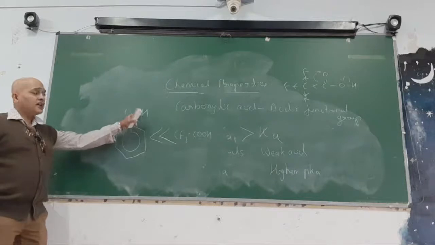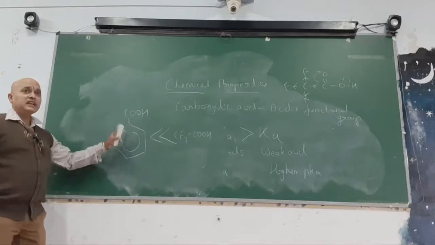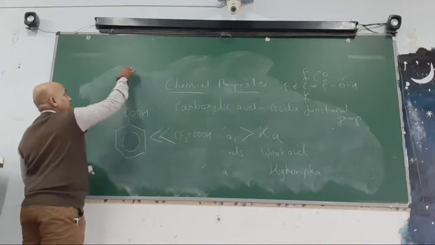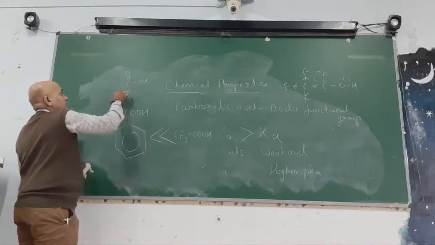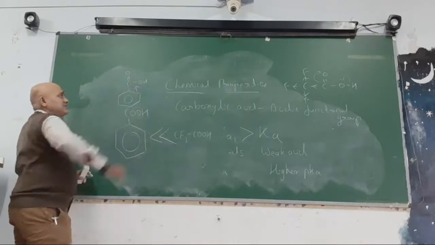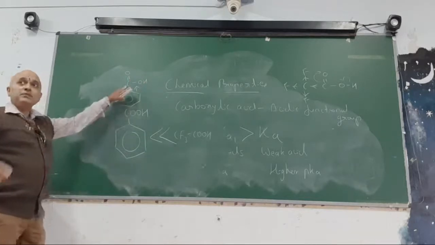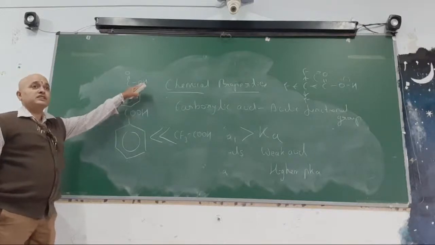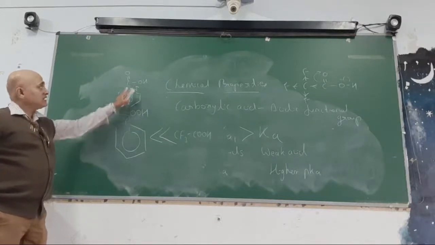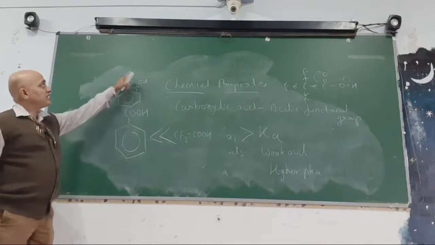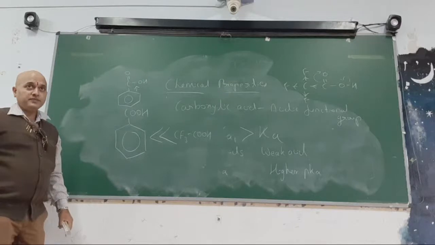So the carboxyl group is going to drag the electron towards the ring. So due to that, what will happen? Due to the movement of electron in this direction, this carbon will be a bit relaxed. It will not give much torture to this oxygen, because there is a resonance effect due to this particular carboxyl group.